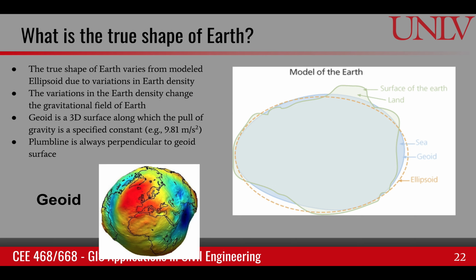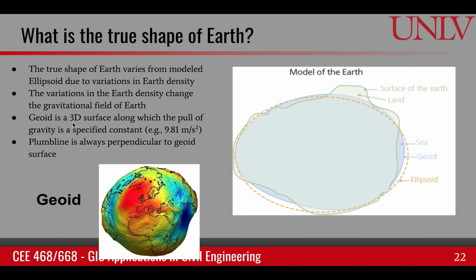And wherever there is denser mass, there will be higher gravitational attraction. Wherever there is a rarer mass, there will be lesser gravitational attraction. So we expect the gravitational field around the Earth to be dependent upon the distribution of mass inside the Earth. And that's the idea behind geoid.